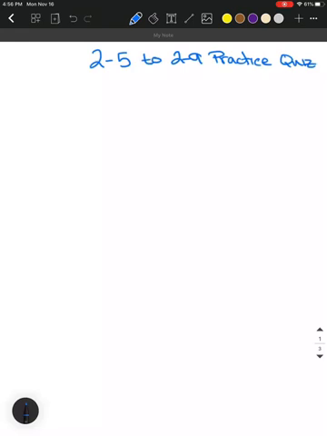Okay, so number one, we are graphing inequalities. Before I get into graphing inequalities, let's go over a few rules. The first thing we have to remember are boundary lines.